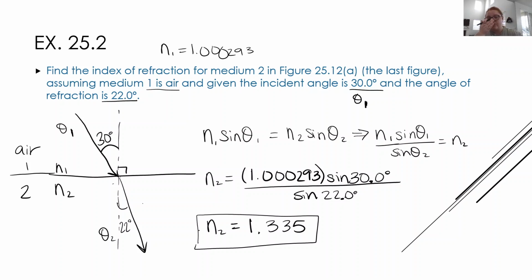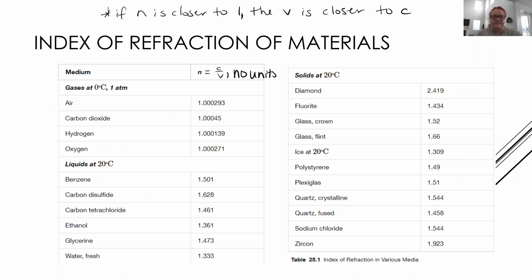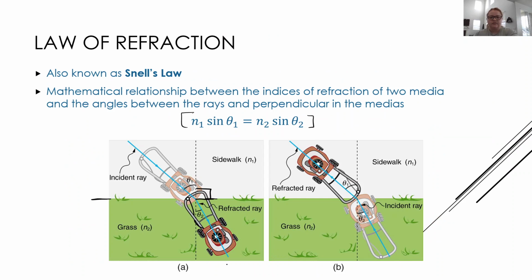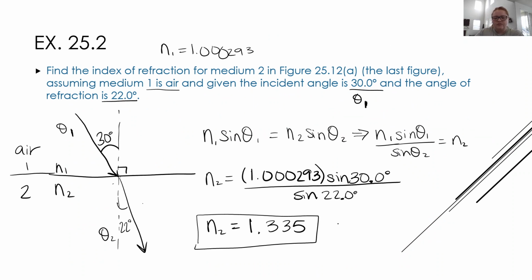Now we could even go a step further and decide which medium this is. 1.335, that's a contender, fresh water, 1.33. Yep, it must be fresh water.